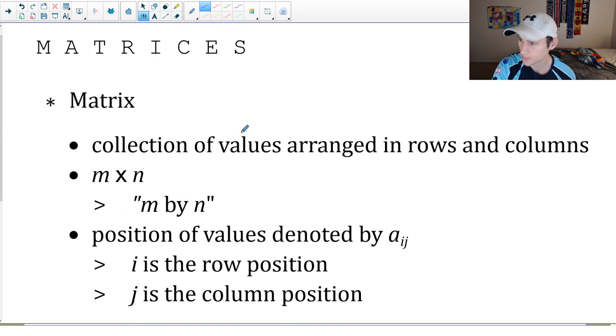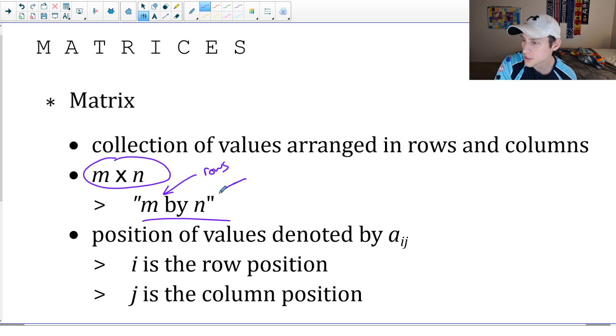So a matrix is a collection of values arranged in rows and columns. We write m by n, right? That's how we say it, m by n. What this denotes is m is the number of rows that the matrix has, n is the number of columns.